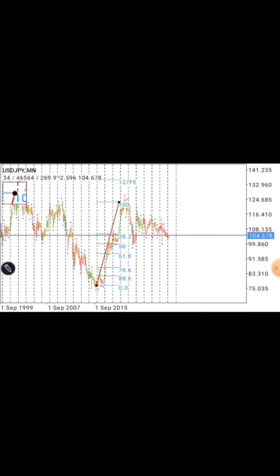Okay, so I've just put it at the bottom. Let me just rearrange it, make sure that it's right. So boom, this is what I was talking about. Remember the levels that I was talking about, 38.0, it's actually 38.2, and 50, 61.8. Those, like I said, are the vital levels.